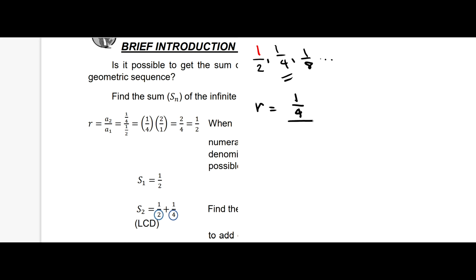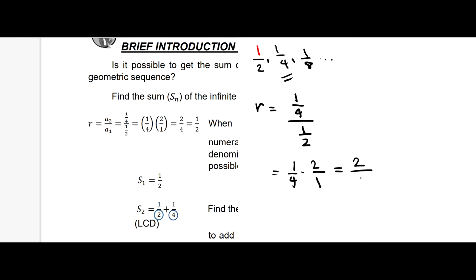So, 1/4 over 1/2. Para mas maintindihan nyo yung nasa module, in dividing fractions, you get the reciprocal nung nasa ilalim. Ano ibig sabihin ng reciprocal? Yun yung babaliktarin mo sila. So, that's 1/4 times 2 over 1. So, you just multiply them. 1 times 2, that's 2.